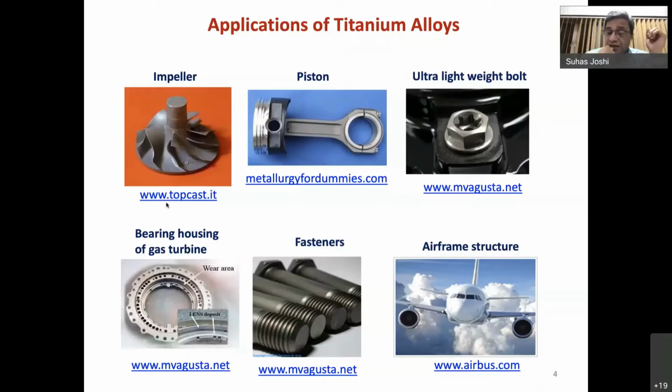So that kind of material removal is also required. Aluminum frames are also made, but titanium frames are also made by this.